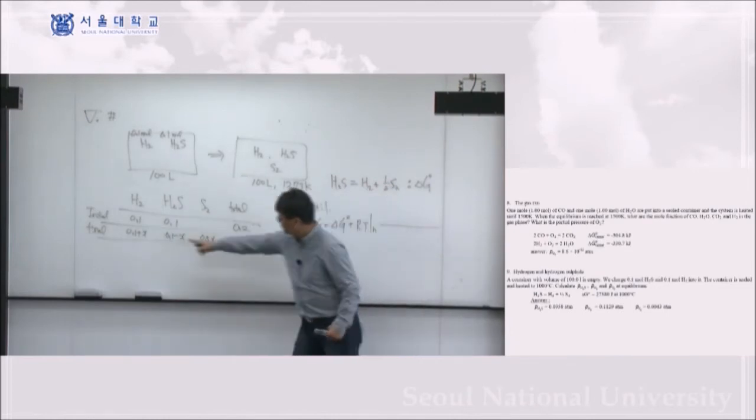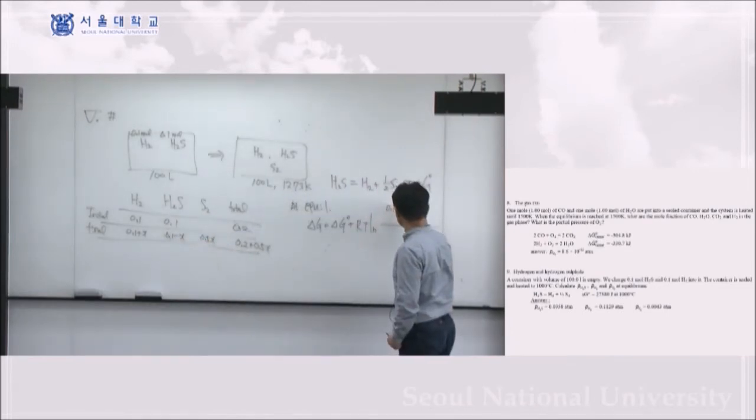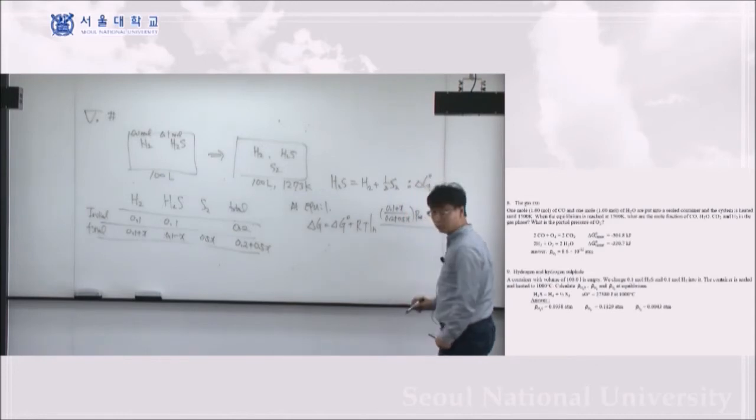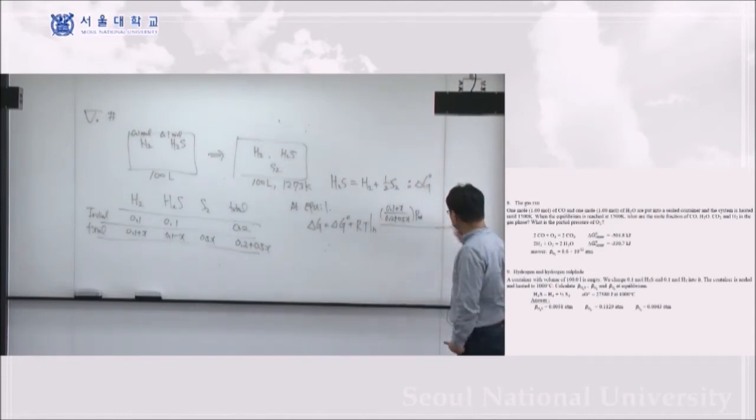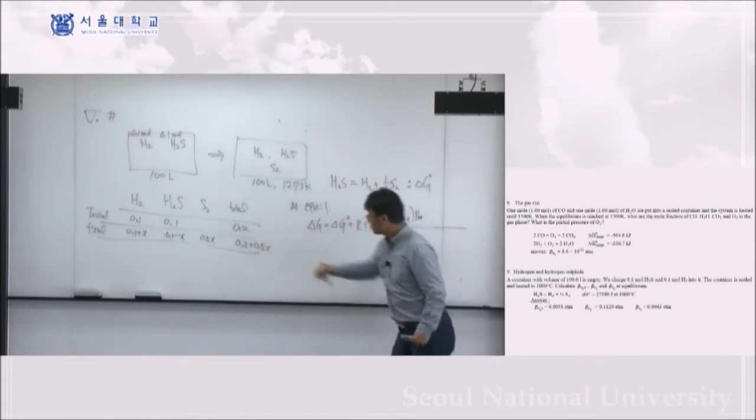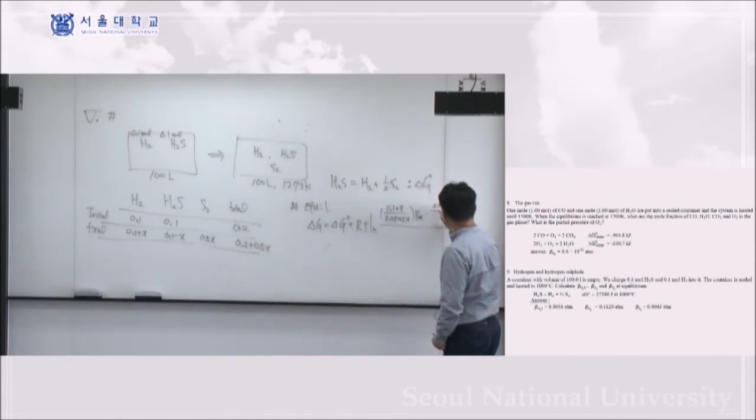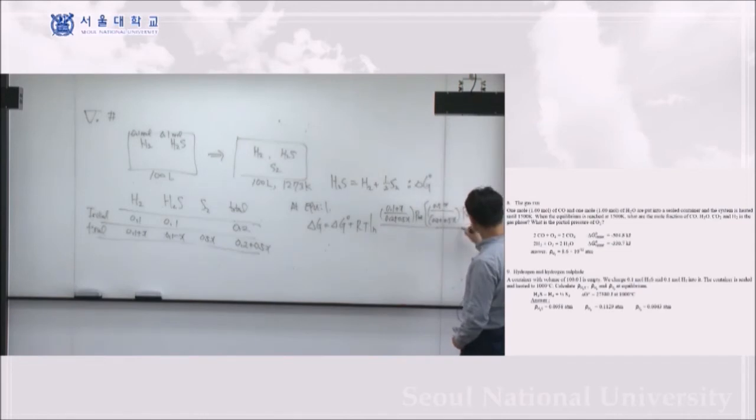So H2 is 0.1 plus X over total 0.2 plus 0.5x, and then I have P total because I don't know the P total yet, and then S2, in root, it's a half mole.